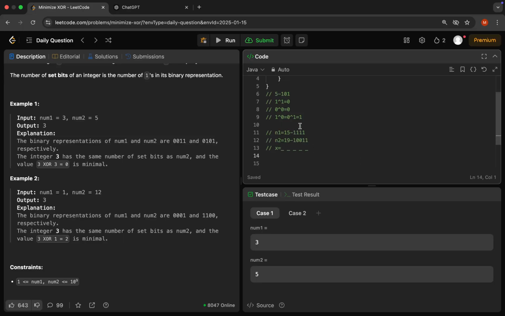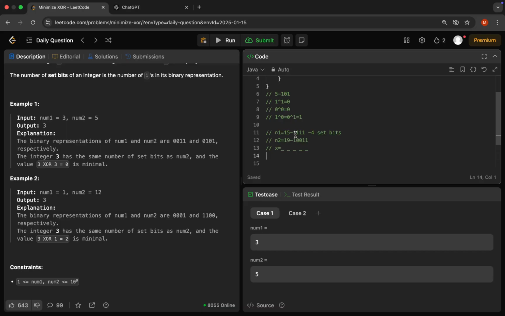What can be the first bit? Let's suppose it has 4 set bits, so x also must contain 4 set bits. What should be the fifth bit of x from the right side?